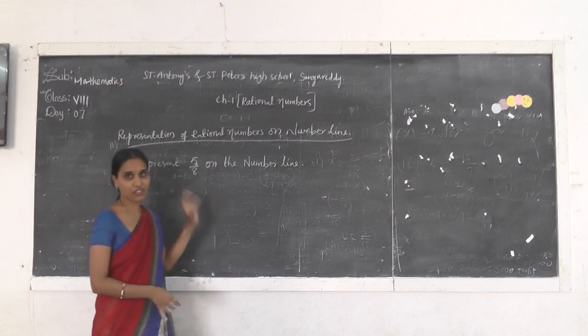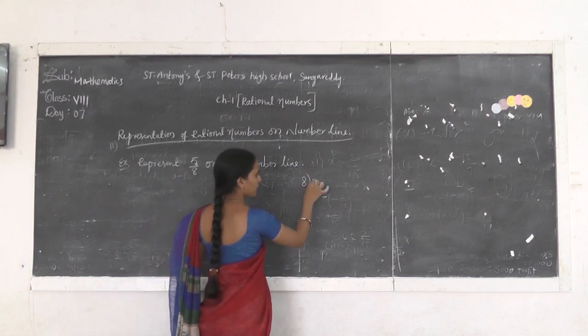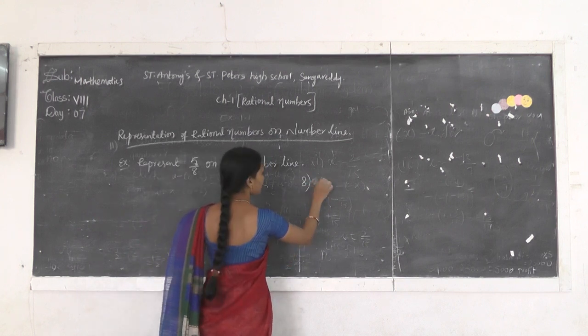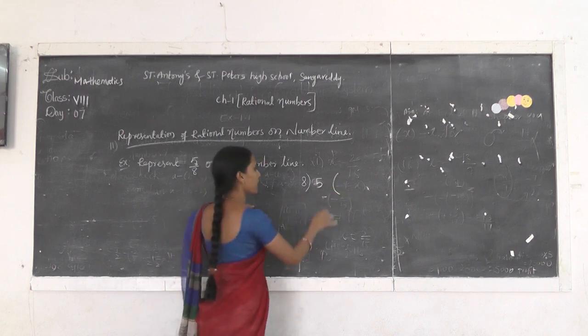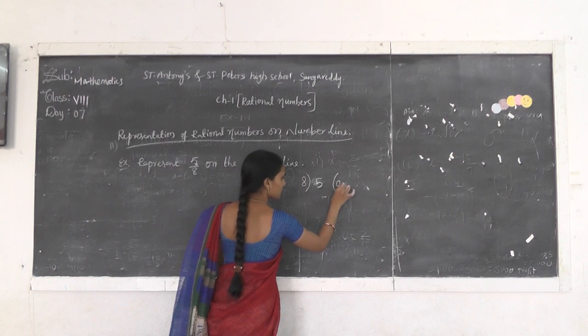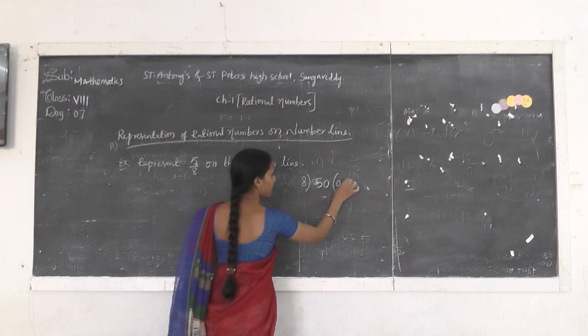We have to check first by dividing this number. Here, 8 is the divisor, 5 is the dividend. Here, 5 is smaller than 8, so we should get 0, put a decimal point and write 0 here. So 8 6 48.